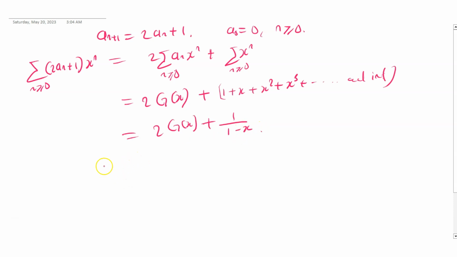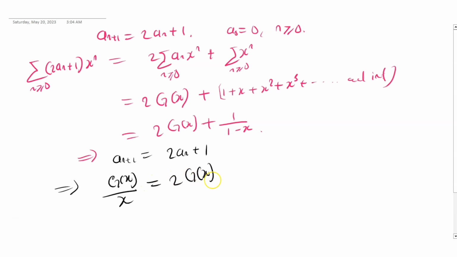So this equation, a sub n plus 1 equals twice a sub n plus 1, gives us that g of x over x is equal to twice g of x plus 1 over 1 minus x. Let's try to find a good formula for g of x here.